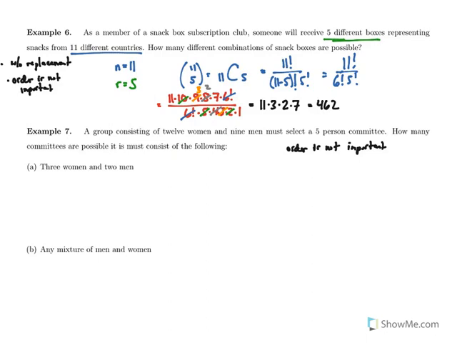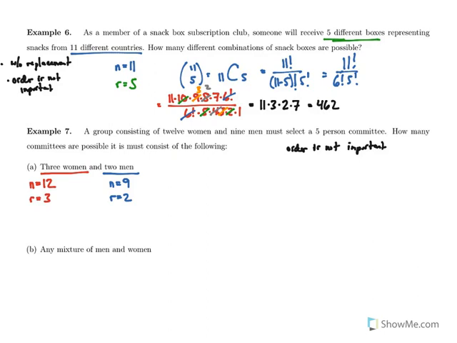So here we have 12. If we want to choose 3 women, there are 12 women total, and we need to choose 3 of them. Then we also need to choose 2 men, and there are 9 men total, and we need to choose 2 of them.